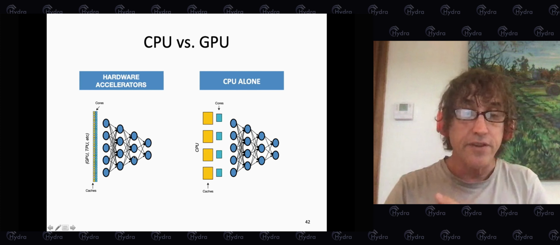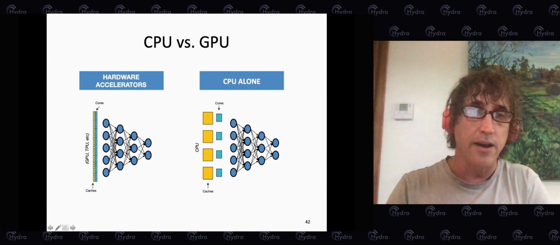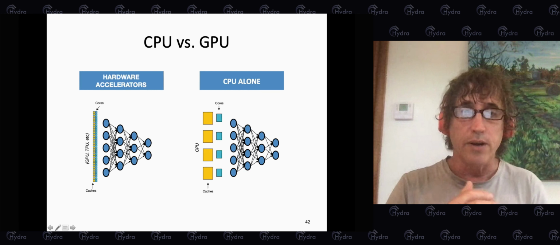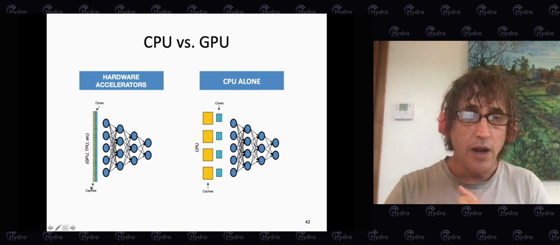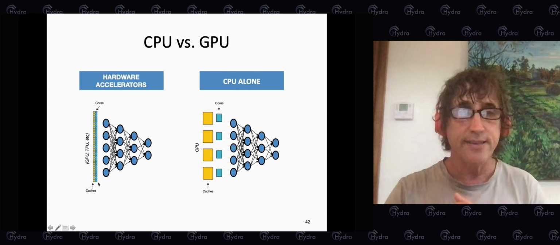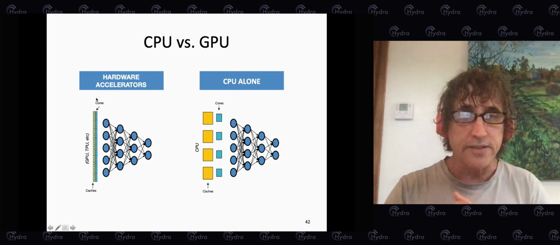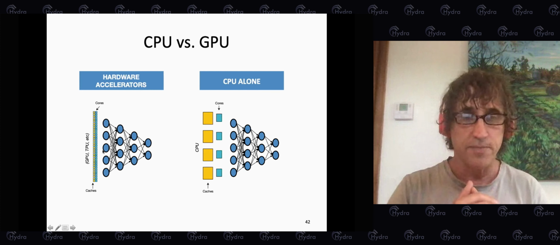On the left is a typical way in which I run a neural network through a hardware accelerator. A hardware accelerator like a GPU has thousands of tiny cores, a small amount of cache for each core, and an enormous bandwidth to memory.